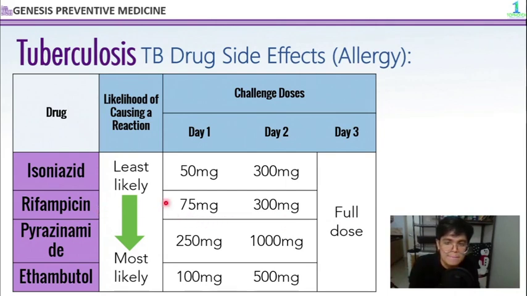The whole system of this challenge dosing is to determine which drug is the culprit for the allergic reaction, and at what dose is the maximum tolerable dose for the patient. So you're ascending from least likely to cause a reaction to most likely. So that's isoniazid to rifampicin to pyrazinamide to ethambutol, which is conveniently also HRZE.